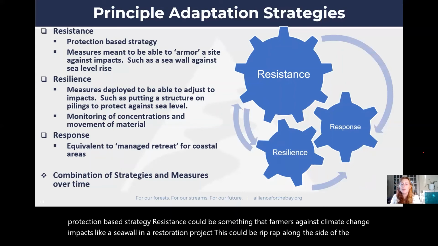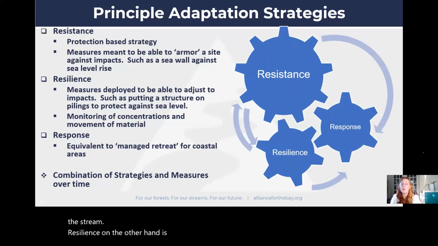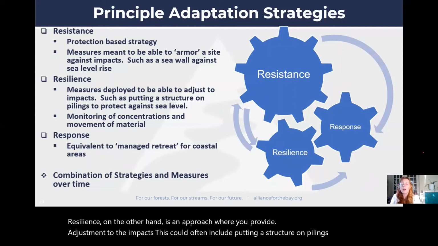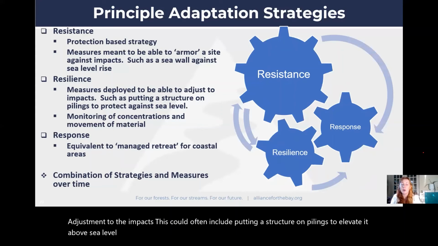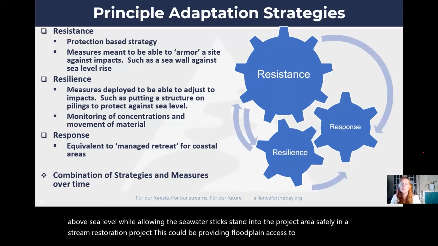Resilience, on the other hand, is an approach where you provide adjustment to the impacts. This could often include putting a structure on pilings to elevate it above sea level, while allowing the seawaters to extend into the project area safely. In a stream restoration project, this could be providing floodplain access to reduce erosive flows.